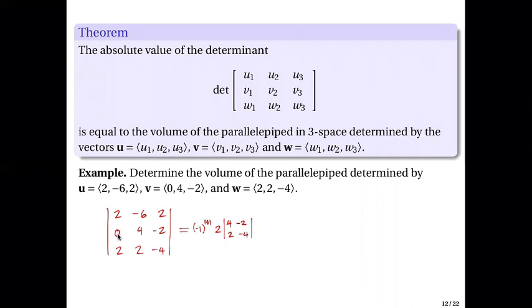Then this guy here is 0. And then for this guy, you have plus -1 raised to 3 plus 1 times 2 times the determinant of -6, 2, 4, -2.